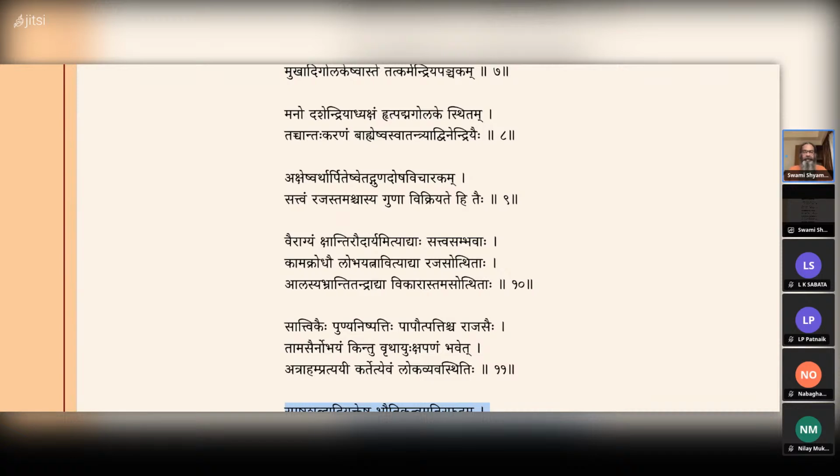Akshesu arthapiteshu etad guna dosha vicharakam sattvam rajas tamaschasya guna vikriyate hitehi. And then this mind, depending on its mood, different guna vikaras, the same mind can become sattvika, can become rajasika, can become very tamasika, depending on the intensity of the presence of the guna in a person, in his mental state. So if a person gets up early in the morning and does a lot of pranayama, then he goes to a lecture.